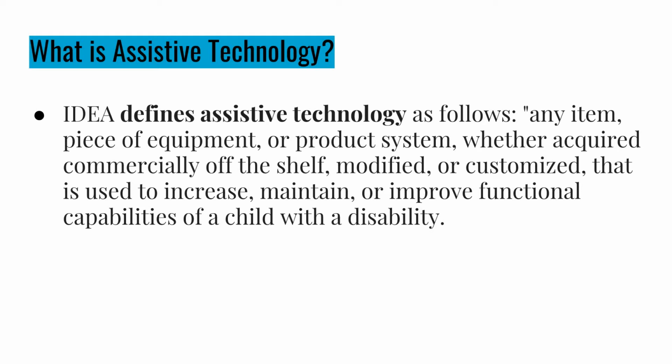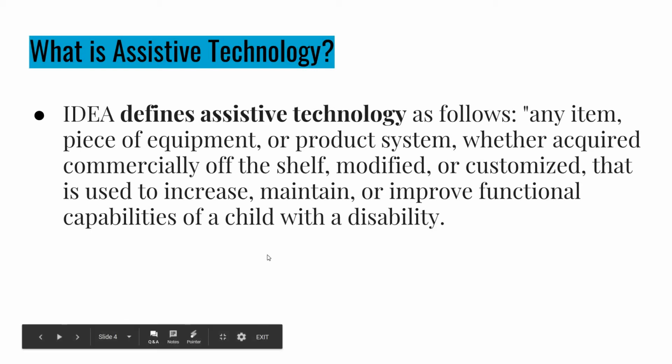IDEA defines assistive technology as any item, piece of equipment, or product system, whether acquired commercially, off-the-shelf, modified, or customized, that is used to increase, maintain, or improve functional capabilities of a child with a disability.